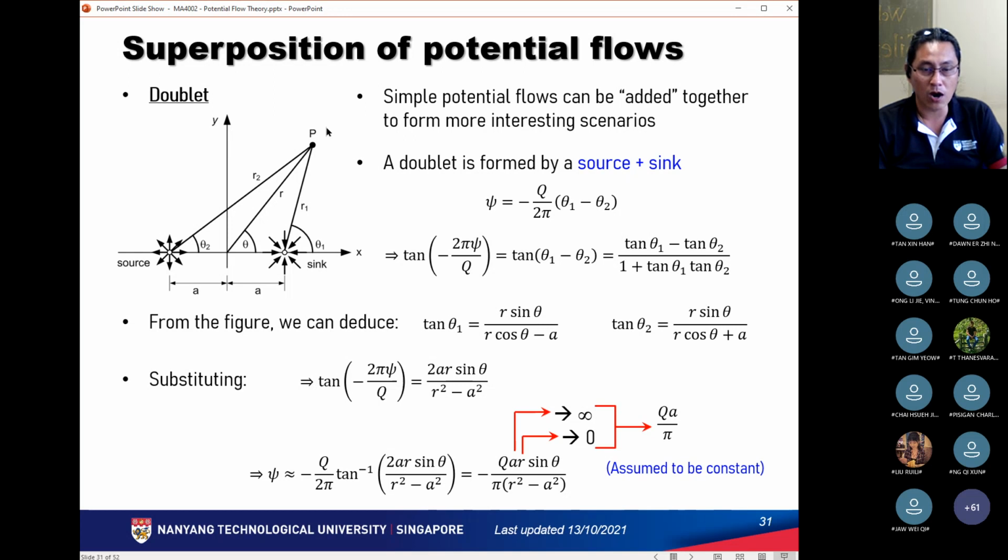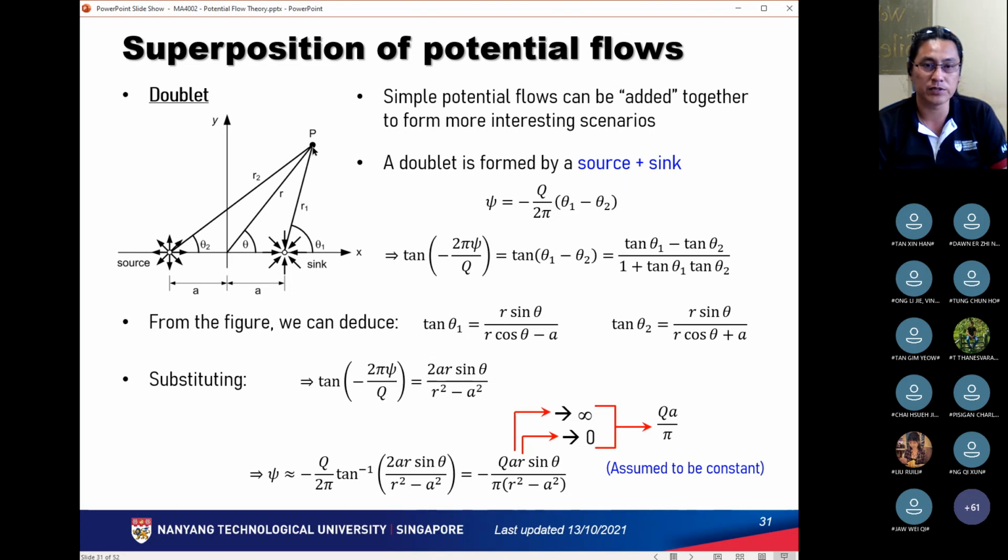Now the goal of adding them up and trying to derive some sort of equation here is to find this combined equation that will allow us to find the velocity components and the stream function values, or the velocity potential function values, for any arbitrary point that resides in this Cartesian coordinate.